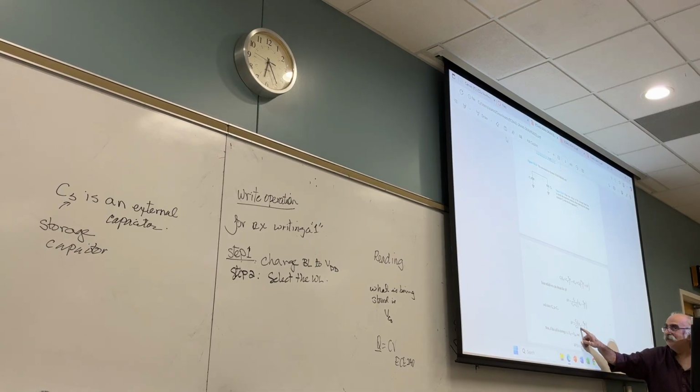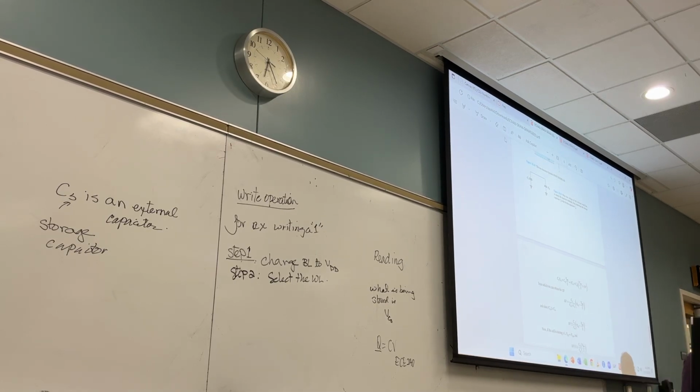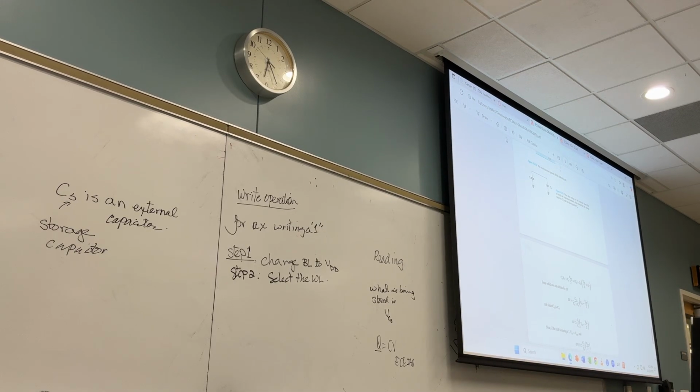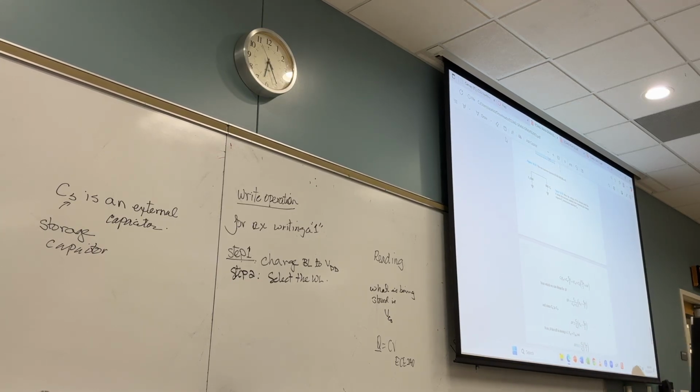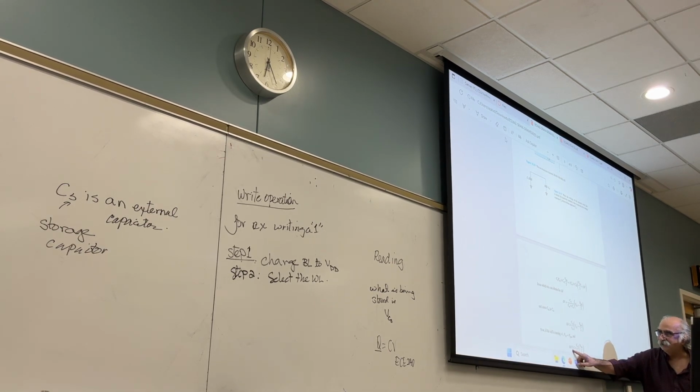If initially VCS is 0, what will the delta be? Negative. Did you get it? Okay, so what is this? Delta V of 1. Delta V when the stored is 1. What is this one?